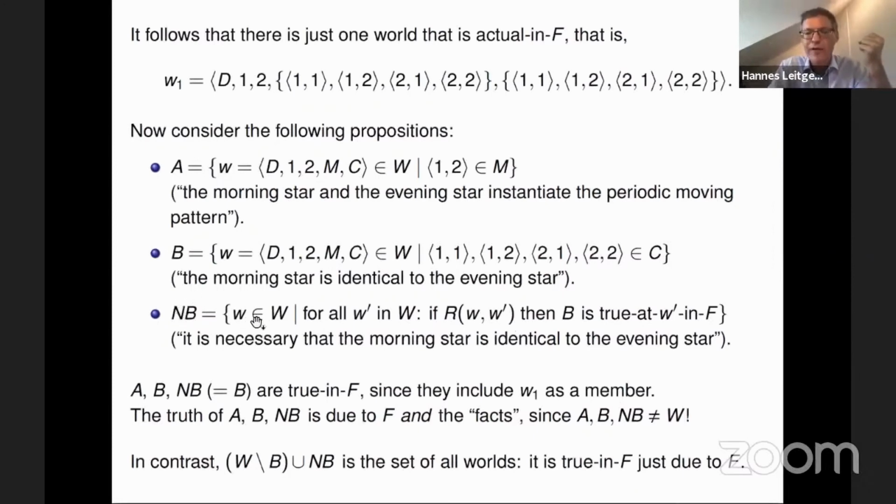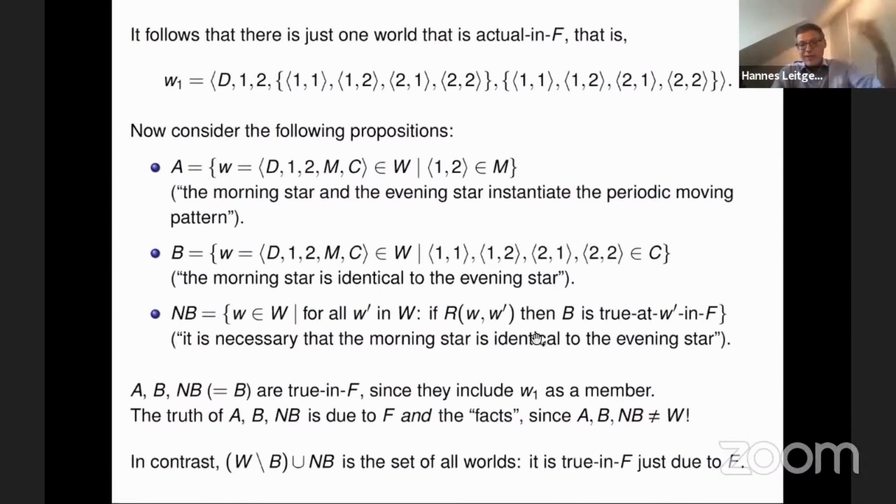That's the set of all worlds W, such that at all W prime accessible from them, okay, here we have the R relation, B, that proposition here, morning star identical to evening star, is true at this accessible world in the framework, okay? So that proposition NB, we would normally express by it is necessary that the morning star is identical to the evening star, okay? And the R relation has a role here to play. It helps us to determine that proposition, okay?